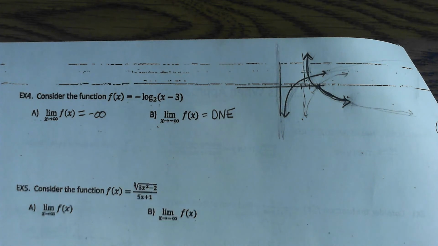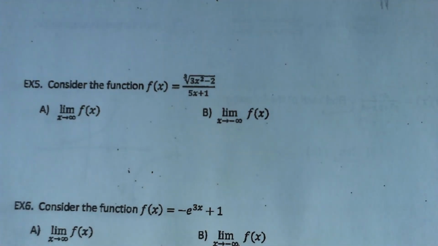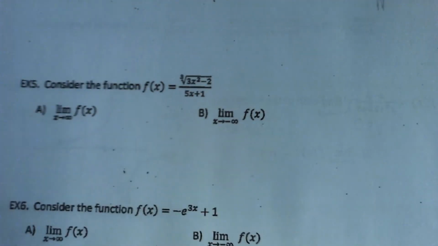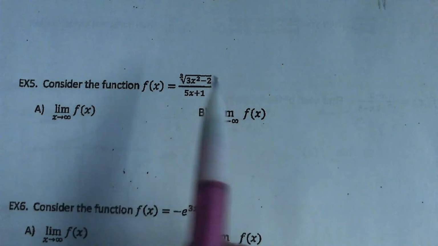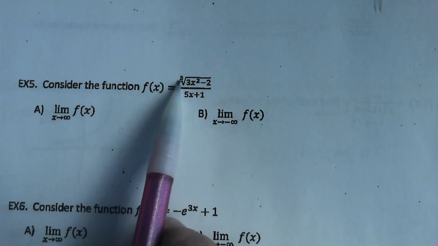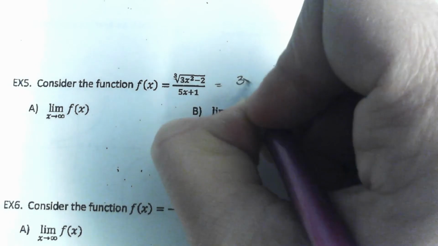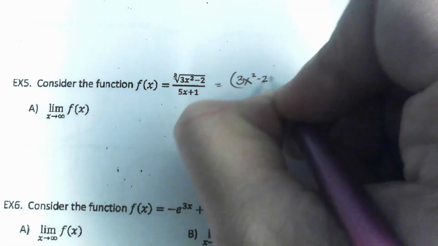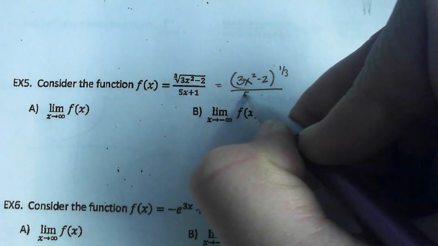All right, next one. This is a new beast because there's no parent graph for this. So the first thing I immediately think about here is it's not exactly a rational function, but when you take the cubed root of something, that is the same as raising it to the what power? 1/3 power. Very good.